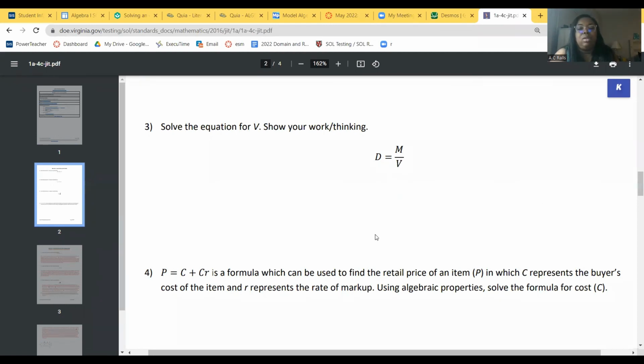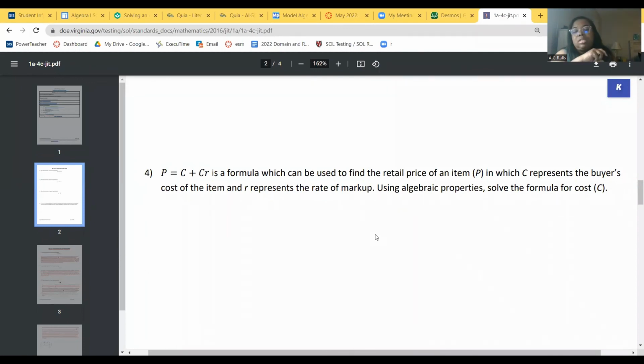Last but not least, we have one of these that I consider to be one of the harder ones. They want us to take this formula and solve for C. If you want to pause the video and give it a try, please feel free to do so.